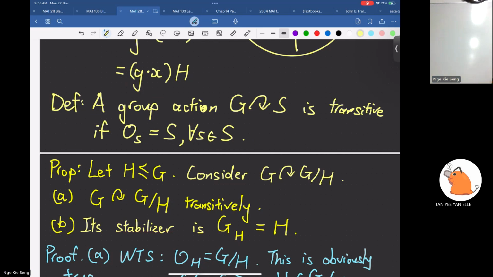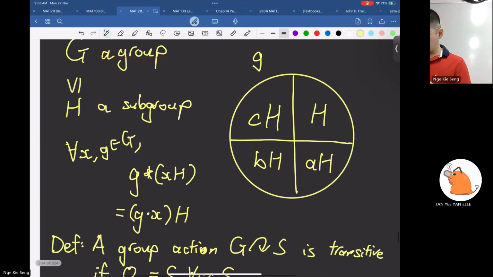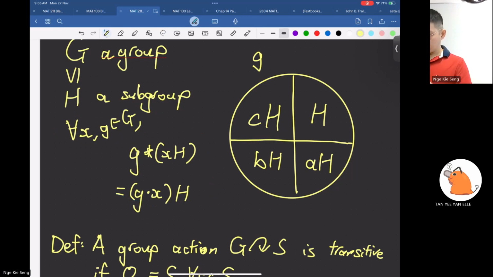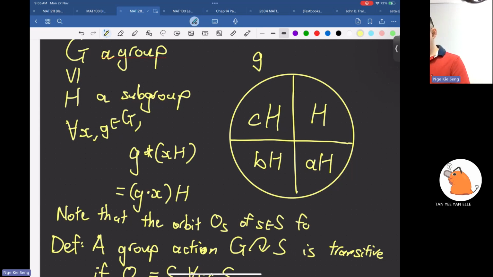So why is there another partition here? Because orbits form an equivalence class. The orbits of S in S form equivalence classes.